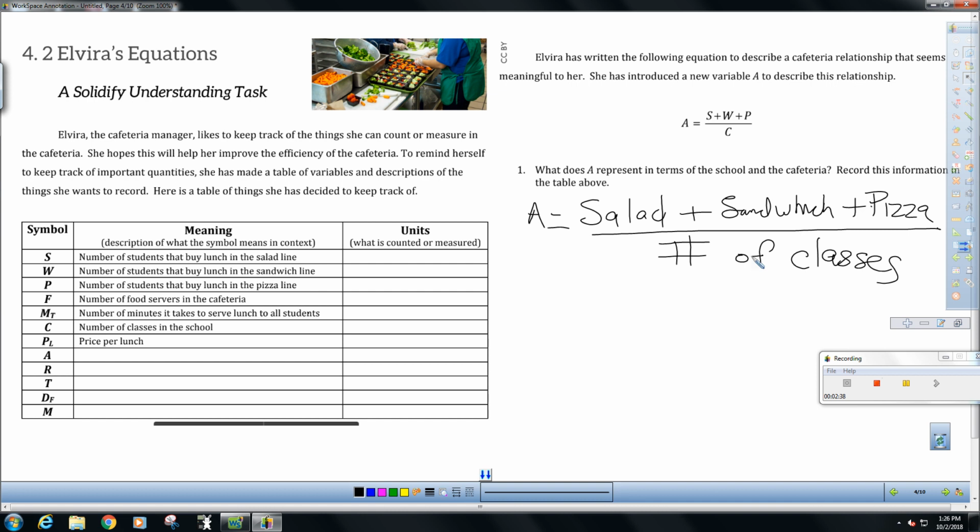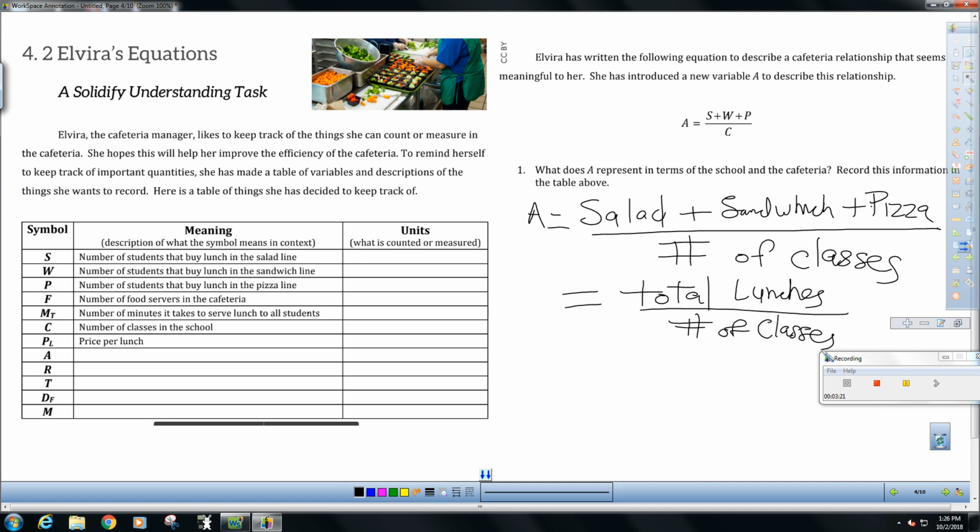You could not. So on the top, we have the total lunches, and on the bottom, we have the number of classes. So what this turns out to be, Carson, is the number of lunches ordered per class.